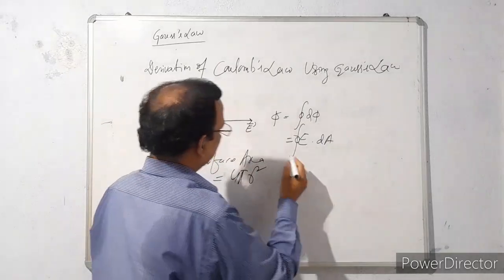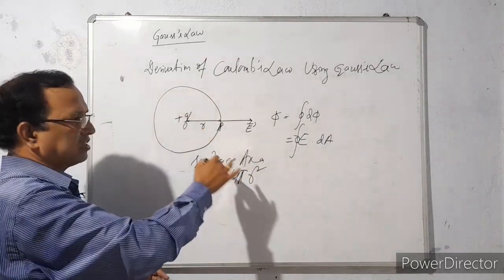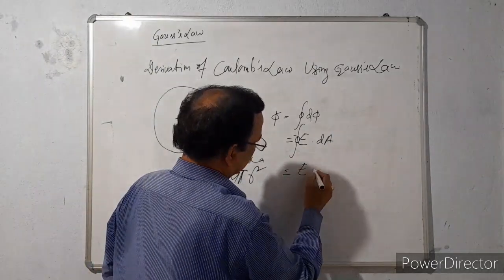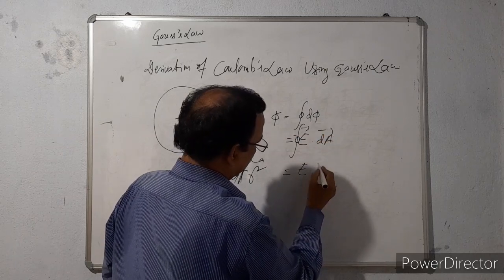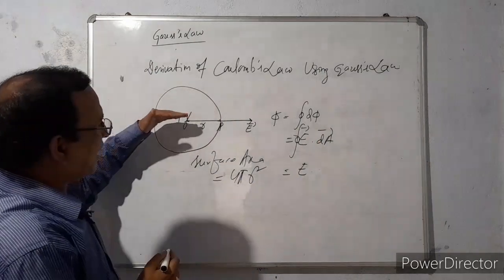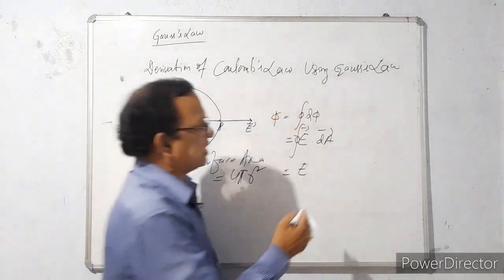So in this case E always remains constant, and its direction is always perpendicular to the surface. E dot dA: here dA and E are in the same direction, so the angle is 0 degree.